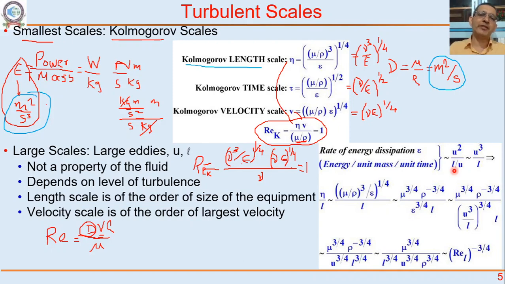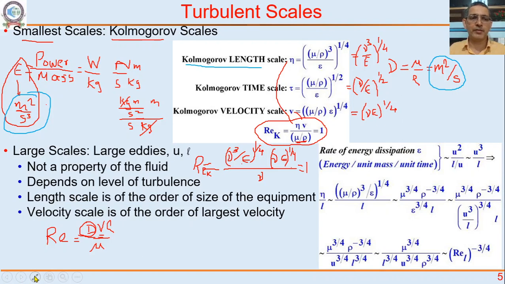The train will pass you in 100 divided by 10, which means 10 seconds. So length divided by velocity gives you a time scale. The hypothesis is that all the kinetic energy of this big eddy is dissipated in one lifetime. So kinetic energy is u square, one lifetime is L by U. So the rate at which energy is dissipated is u cube by L.